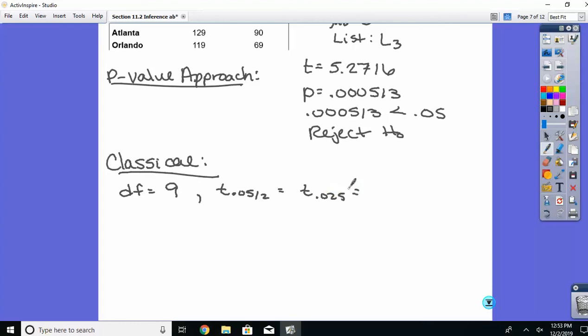So now you have to look at your T table. Okay, so my alpha is 0.025, 9 degrees of freedom. Since it's two-sided, we have to put the plus and minus on this. Okay, plus and minus 2.262. So what those are saying, in the classical approach, those are essentially your critical values. So this is positive 2.262. This is the negative.